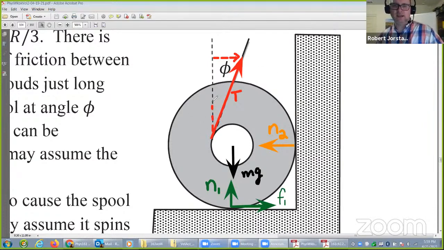This one is trying to lift it up, but maybe the weight is so much that it can't lift up. Again, these vectors are not to scale. I had to draw the tension really big just so I could label it clearly. This vector is not going to be bigger than the normal force either, but I had to draw it that way so I'd have room to label it. Cool with that?